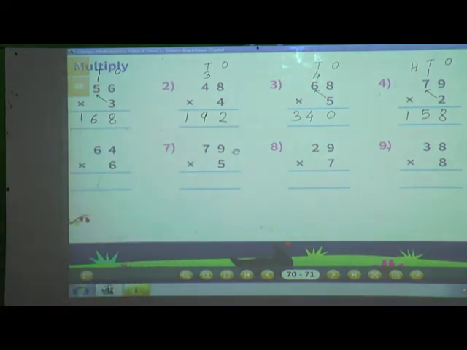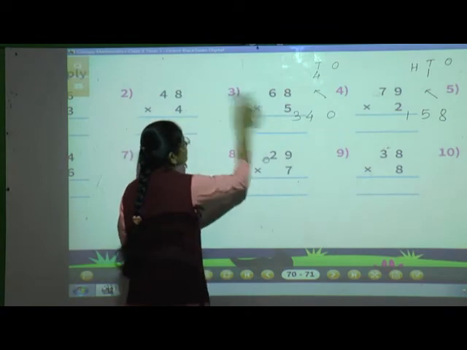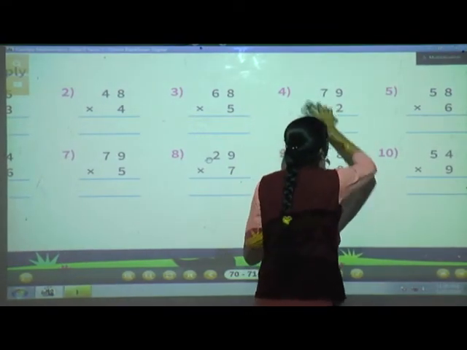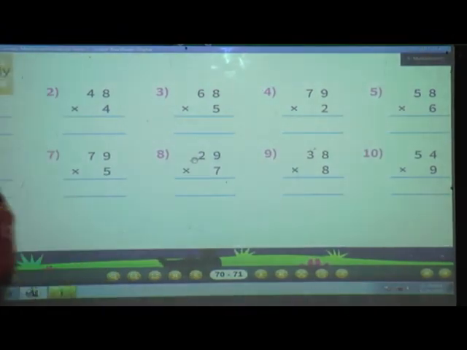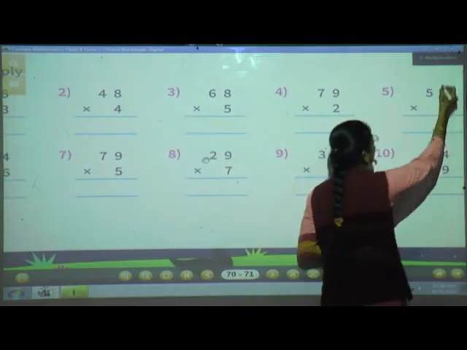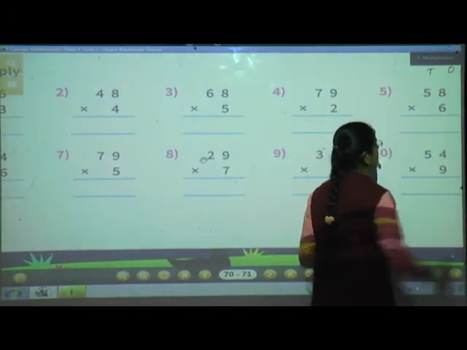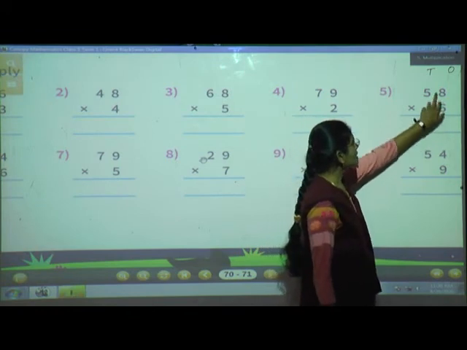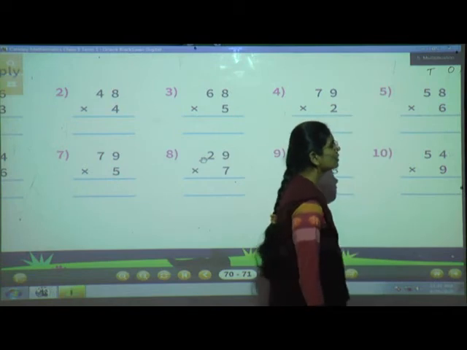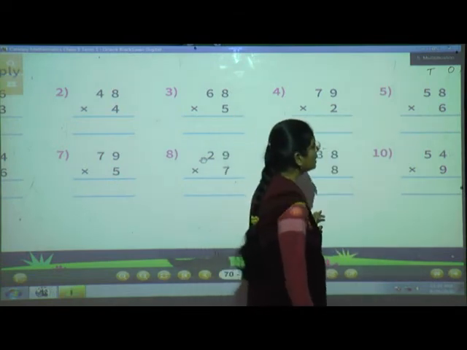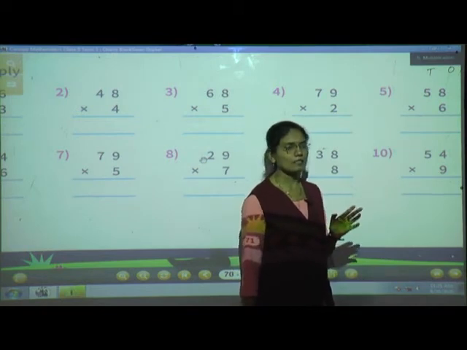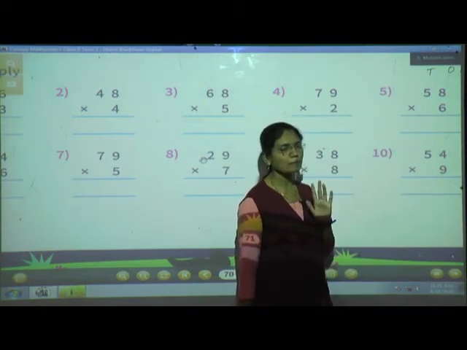Then see the fifth one. What are the numbers? 58 into 6. Write the places at the top of the number. This is ones place and this is tens place. Start from the ones place. 6 into 8 ones. 6 8s are 48. 48 ones is equal to 4 tens and 8 ones.